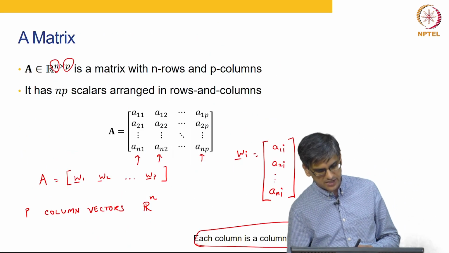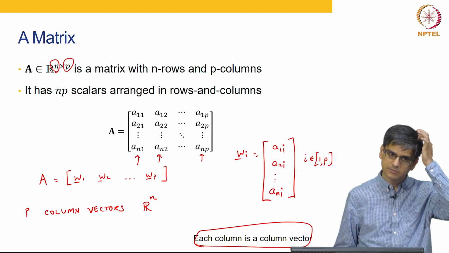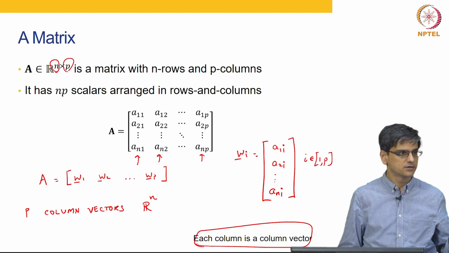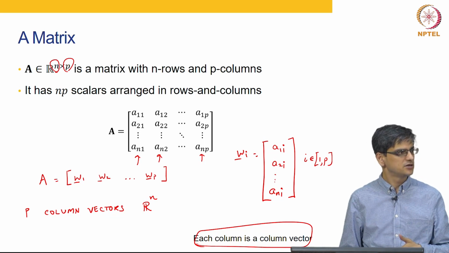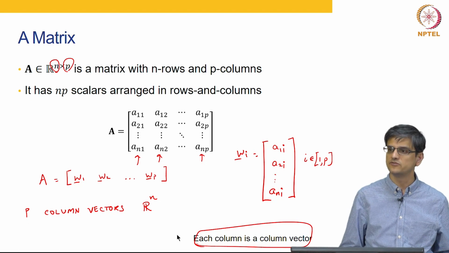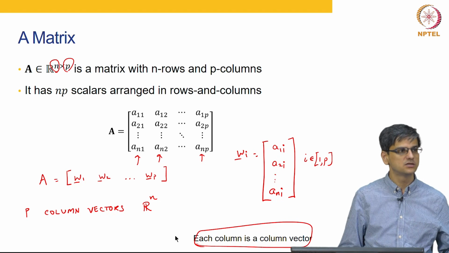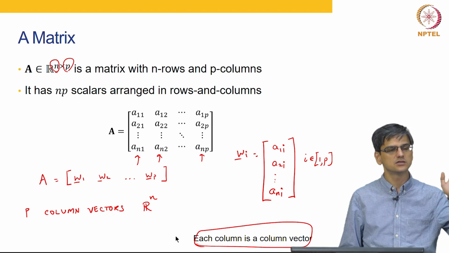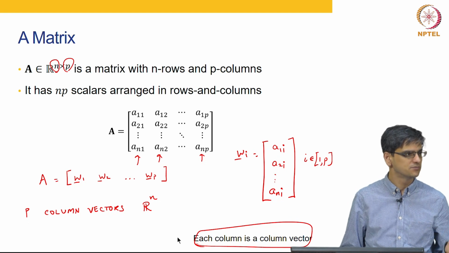A matrix has a row rank as well as a column rank. The column rank is the number of linearly independent column vectors, and the row rank is the number of linearly independent row vectors. There is another theorem which says that the row rank of a matrix is always equal to its column rank.